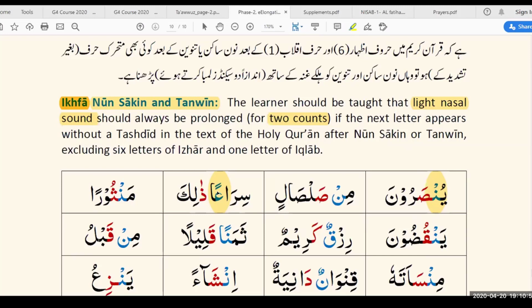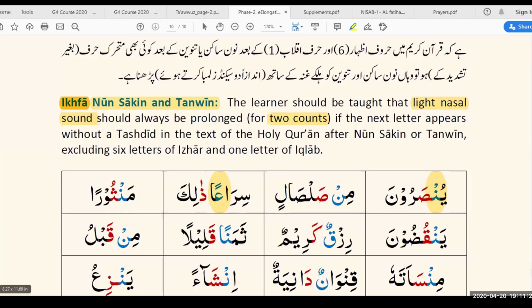Now, as you know, there are 6 letters of izhar and 1 letter of iqlab, which I think you learned last week, which is the ba letter. Iqlab means to change. So you have to change the noon to a meem.